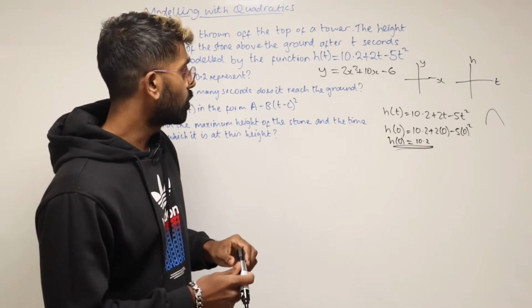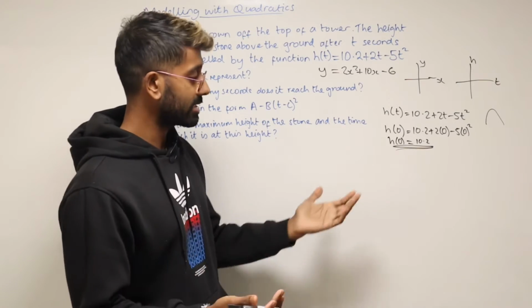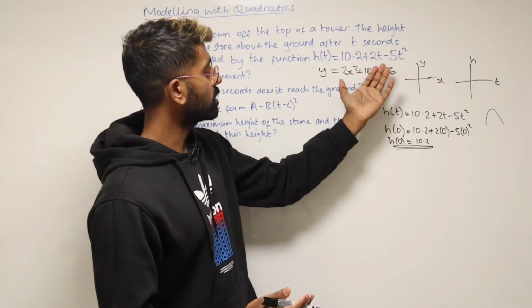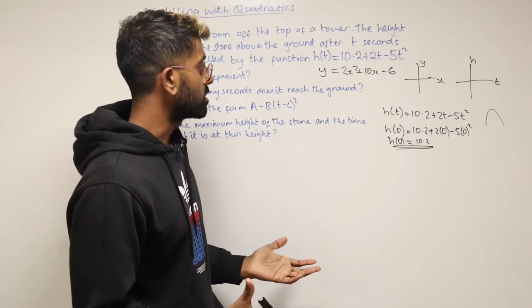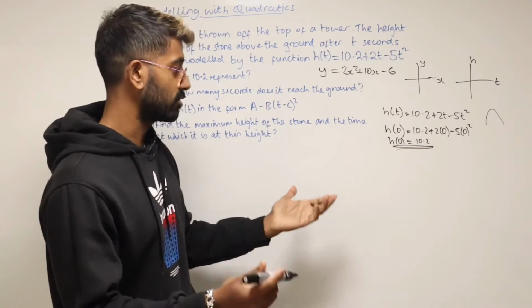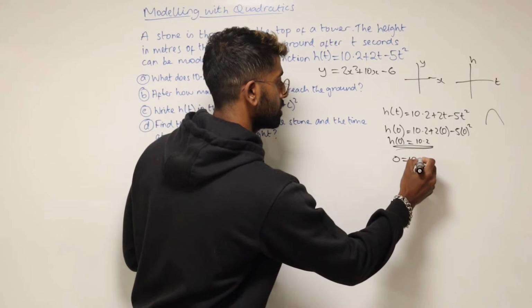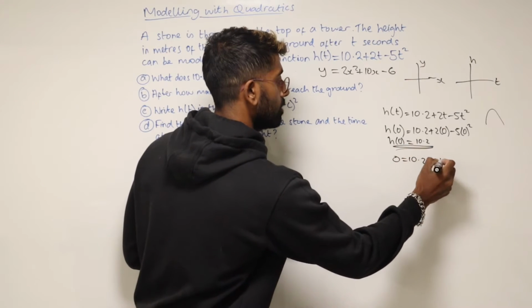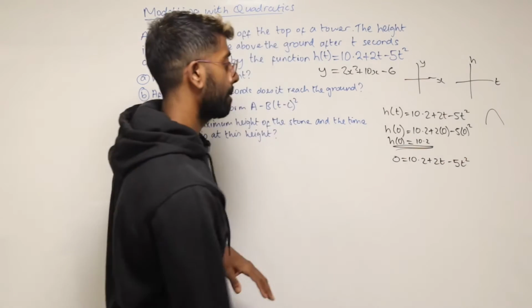Next thing to do would be to find the roots, or where it crosses the x-axis. Except for our function, there's no x-axis, it's a t-axis. So all we're going to need to do is set h as 0 now and solve this for values of t. So we'll say 0 is equal to 10.2 plus 2t minus 5t squared.